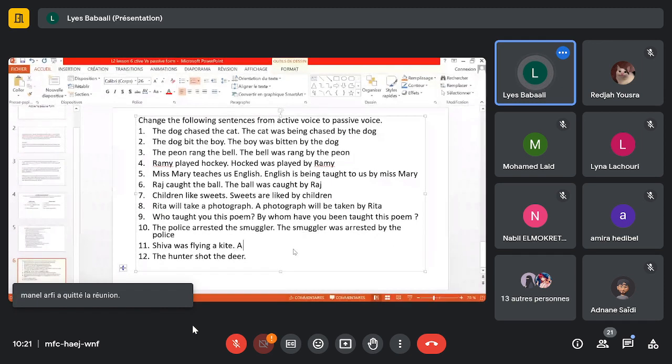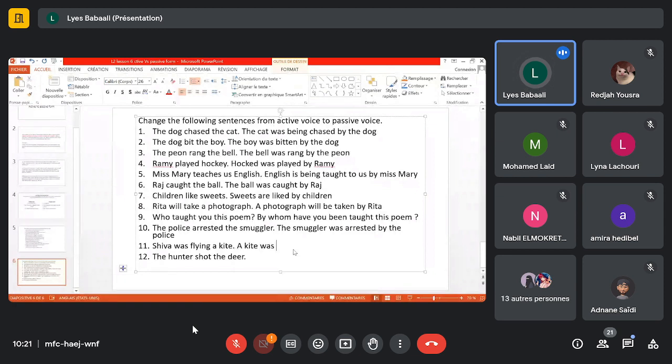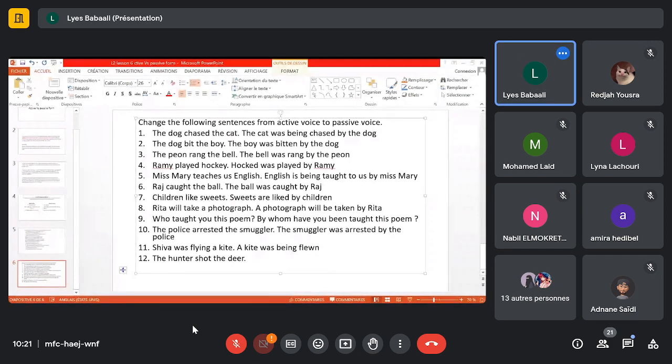A kite was being flown. Flown, the past participle of fly. I always forget it.